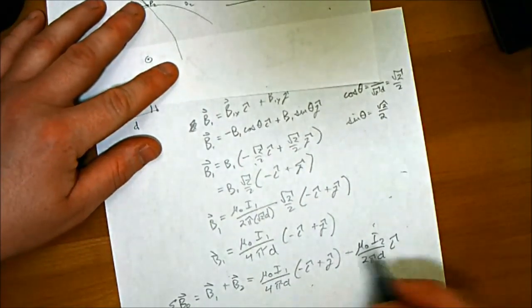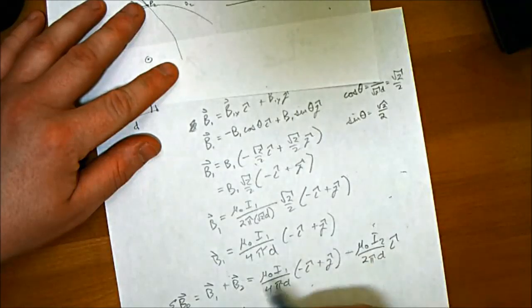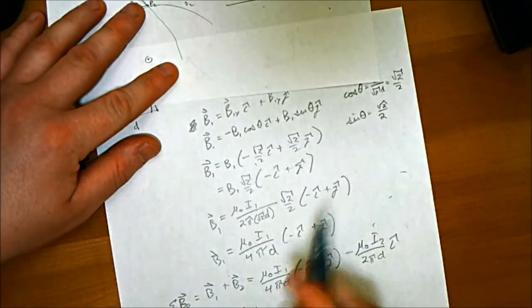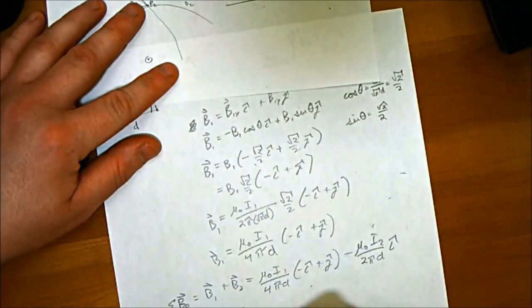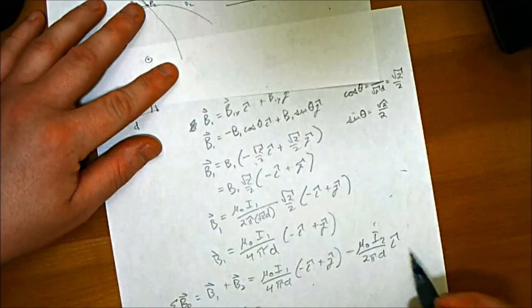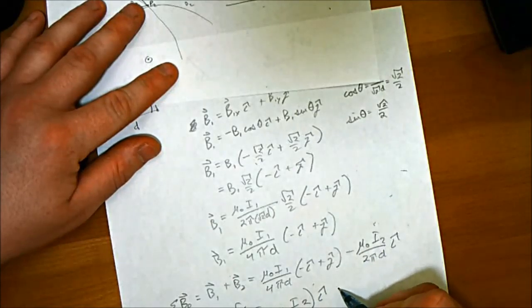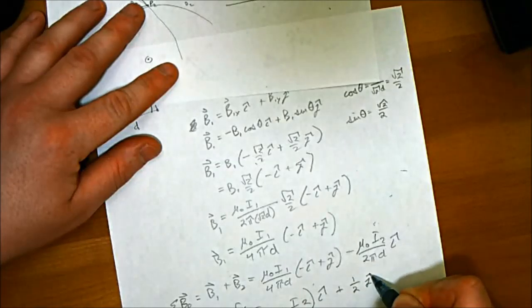For the i hats, it would be, let's see, negative I1 over 2, so I1 over 2 gives me, yep, that's right, and minus just I2, i hat, plus 1 over 2 j hat.